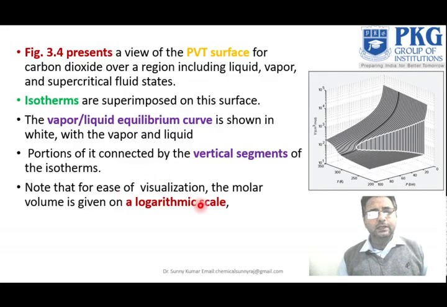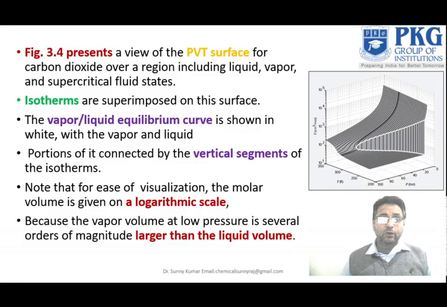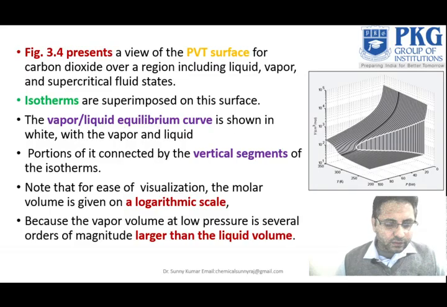Note that for ease of visualization, the molar volume is given on a logarithmic scale, because the vapor volume at low pressure is several orders of magnitude larger than the liquid volume. In the case of liquid, the volume change is very small, but in the case of vapor, the volume at low pressure is several orders of magnitude larger, because the distances between the molecules are very large.